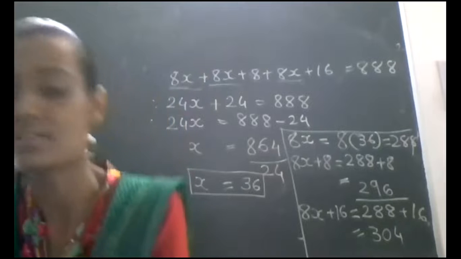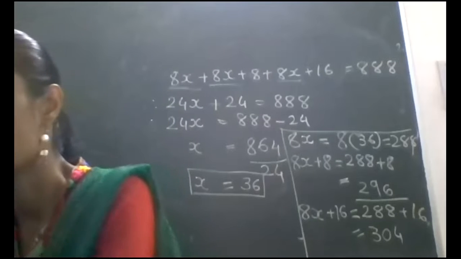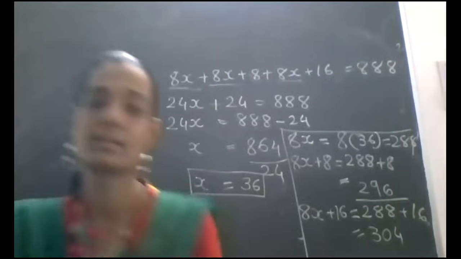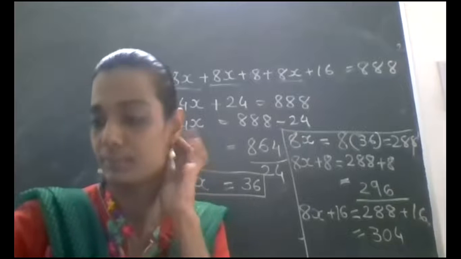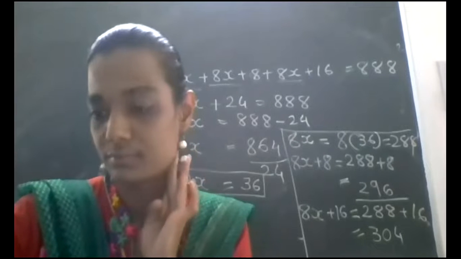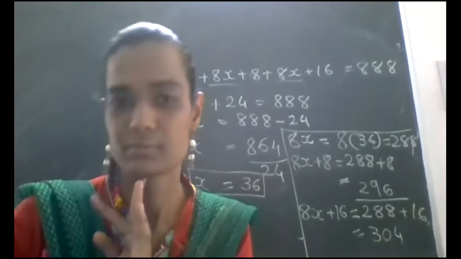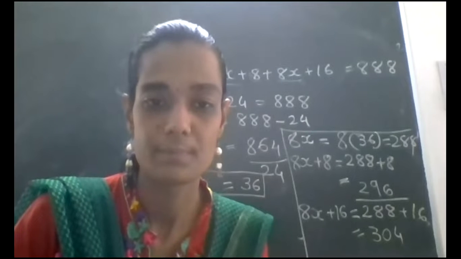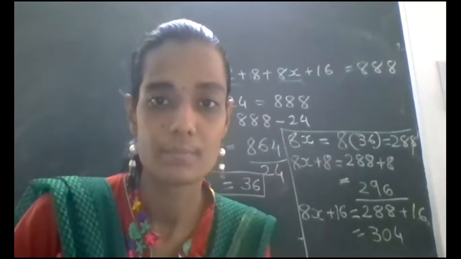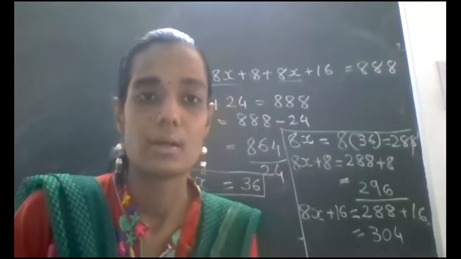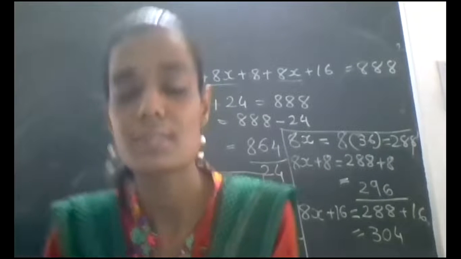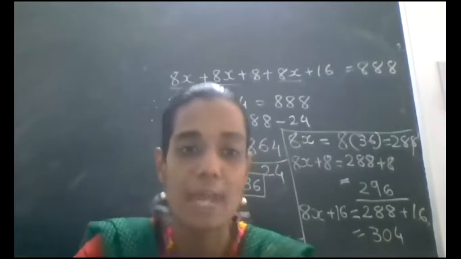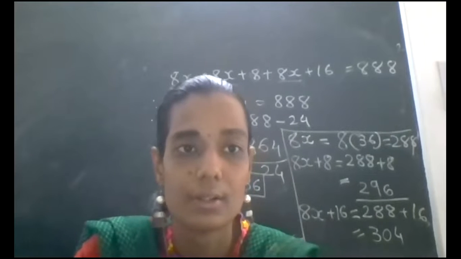Understood everybody? Ma'am, I did it with a different method, so please check it once. But beta, that number will come the same. Okay, whatever it is. Have you got the same number? Yes.